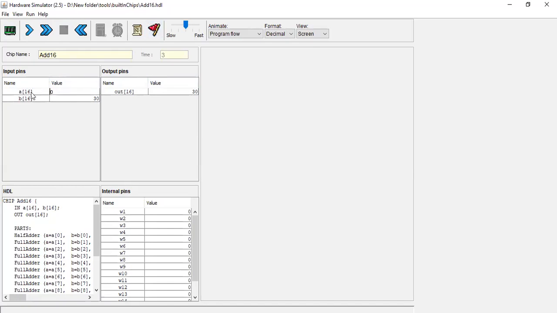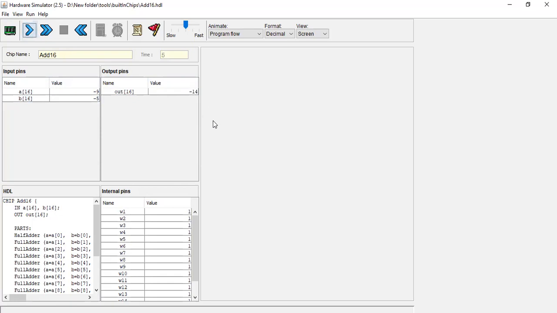Negative numbers are allowed too. Let's say negative 9 and 30. What would the output be? 21, positive 21. Single step, click, 21. What if two negative numbers? Negative 9 plus negative 5. We know it's negative 14. Single step, negative 14.